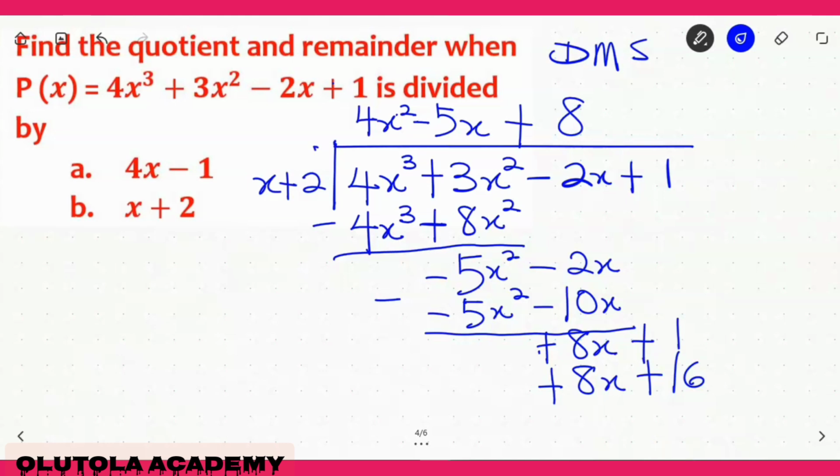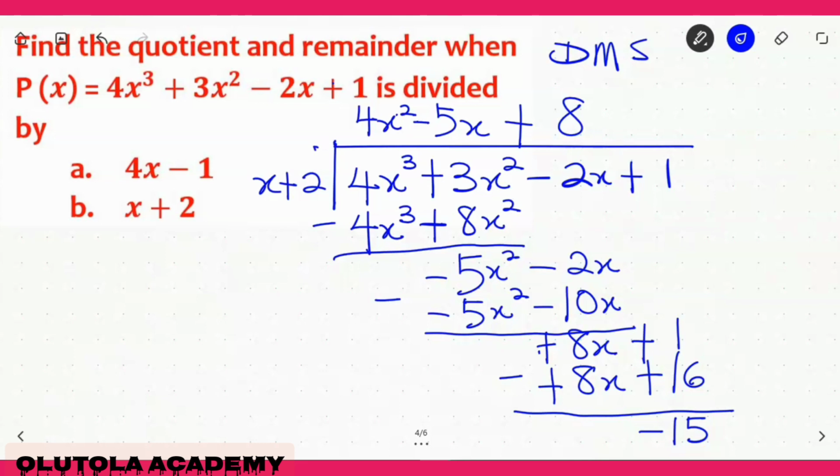So I'm subtracting. When I subtract, this will get us negative 15, because minus times plus will give us minus, and positive 1 minus 16 will give us negative 15. Already this will give us 0.